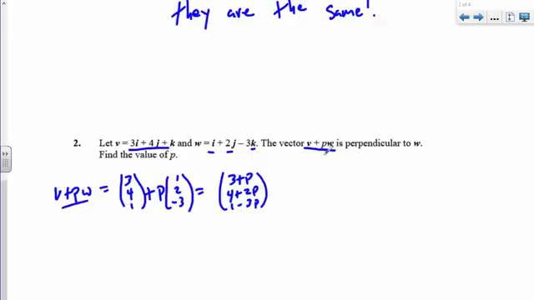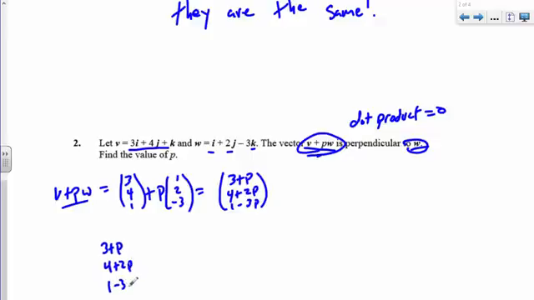If they tell me that this vector that I just found is perpendicular to w, that means their dot product equals 0 for these two vectors. So we need to find the dot product of this vector, 3 plus p, 4 plus 2p, 1 minus 3p, and w itself, which is again 1, 2, and negative 3.